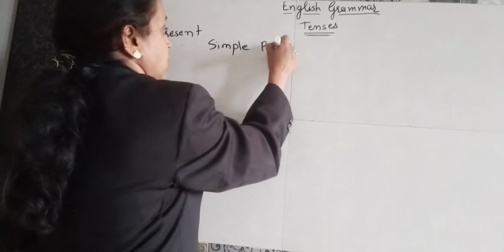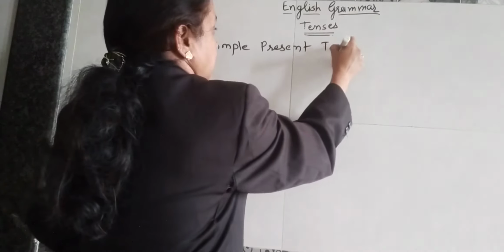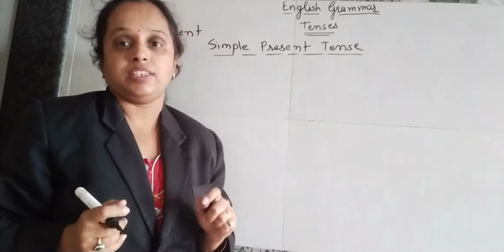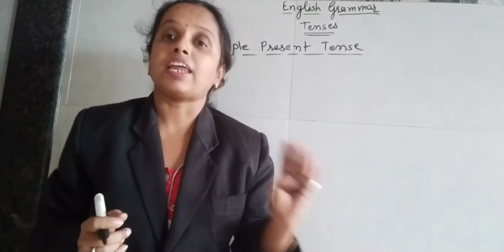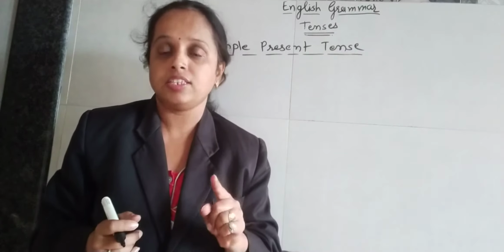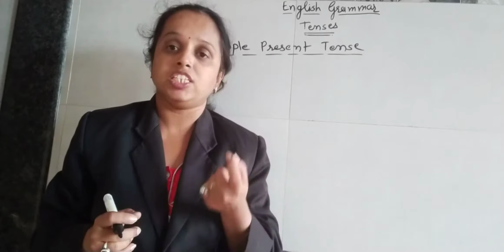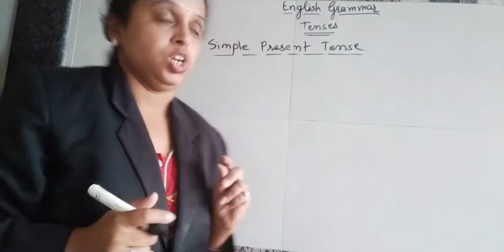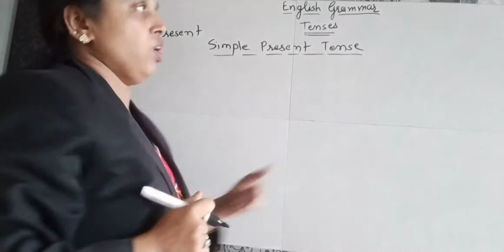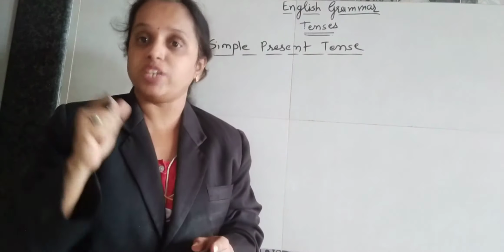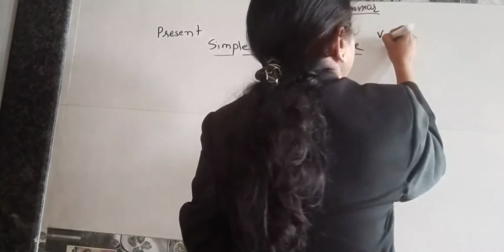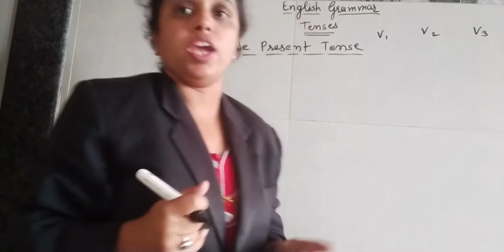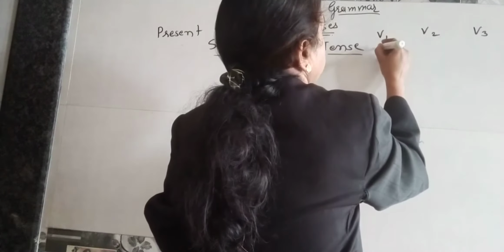Simple present tense. Basically each grammatically correct sentence has three parts: one is subject, another is verb, and another one is object. Here first of all we will see how many kinds of verbs there are: V1, V2, V3 and V4. V1 is the basic word.